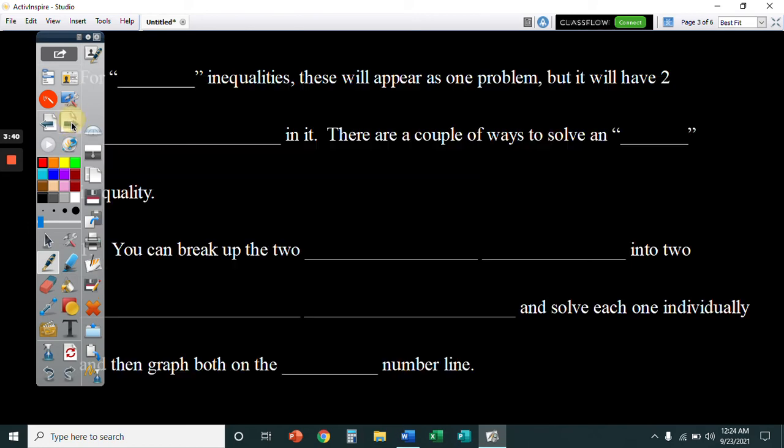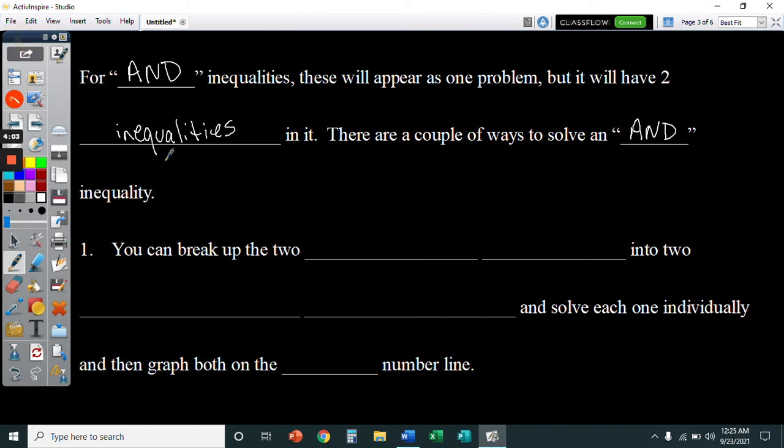Now, the second type is called AND inequalities. These will appear as one problem, but it has two separate inequalities in it. And there are a couple ways to solve these AND inequalities. Let me move that over so you can see the whole thing.